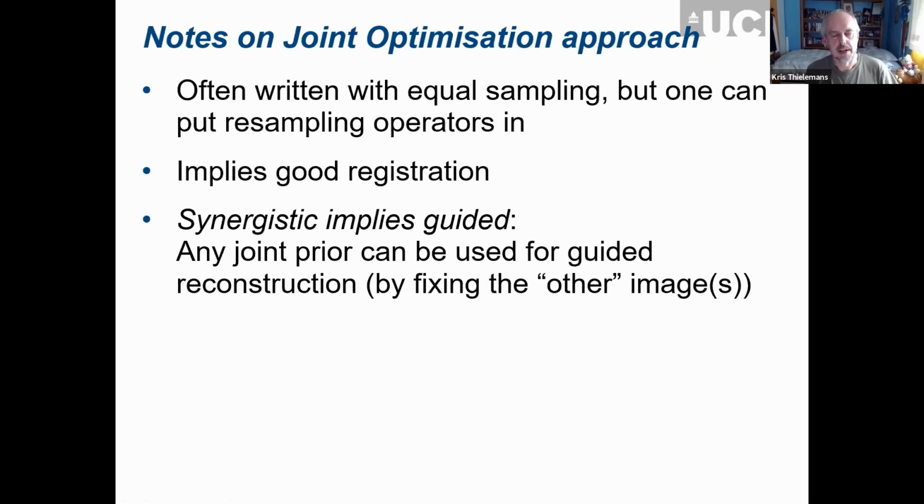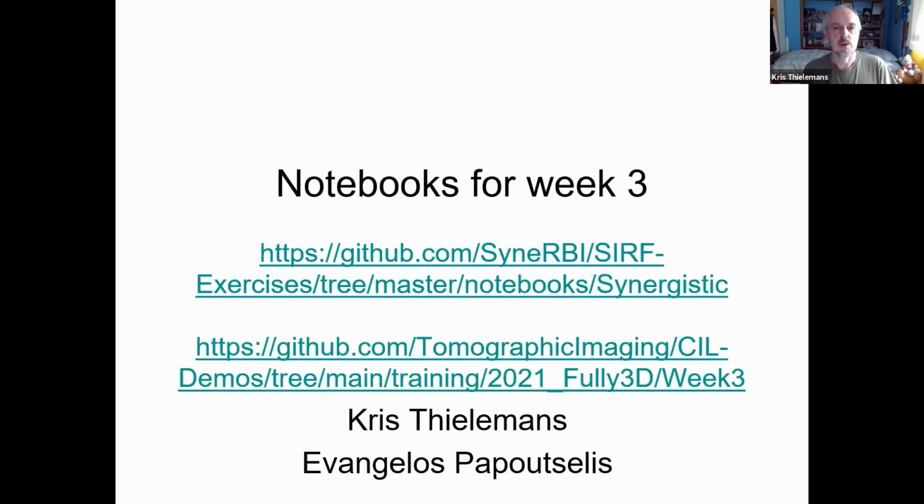So there are examples where it says, okay, as opposed to using a normal PET and MR, for instance, with Bowsher prior, now assume that your MR is a bit misregistered, and what is the effect going to be, or can you put in a registration step to try and resolve this?